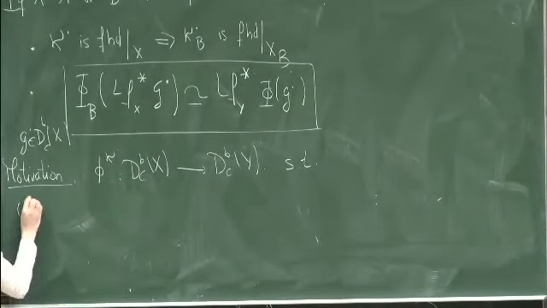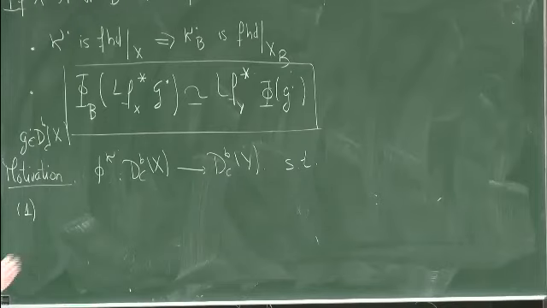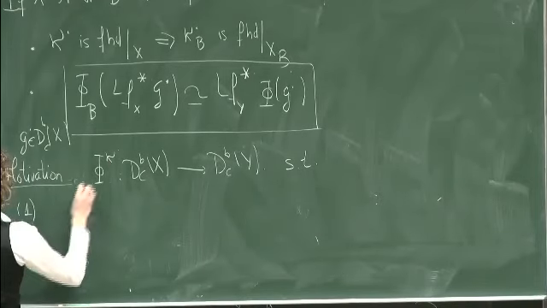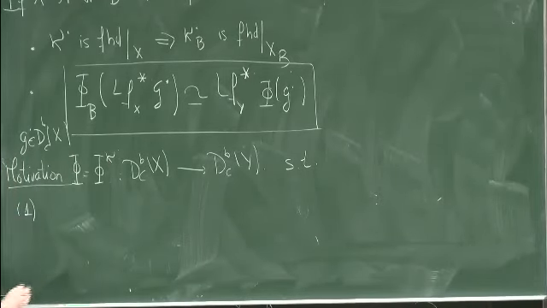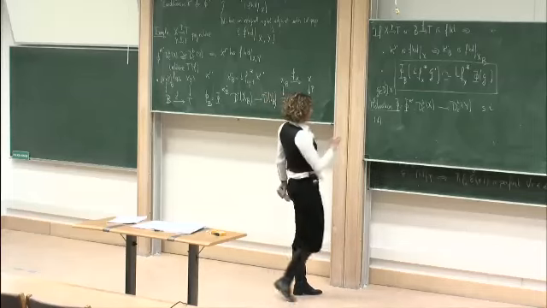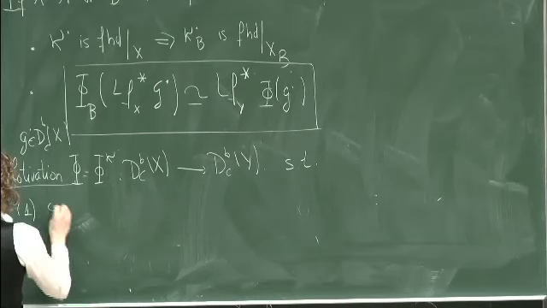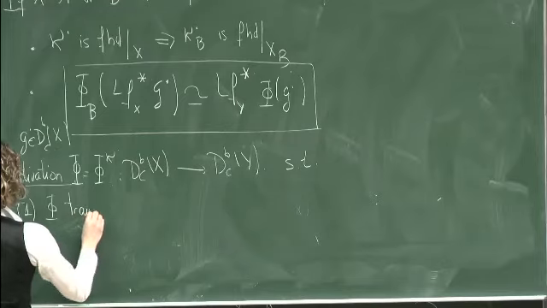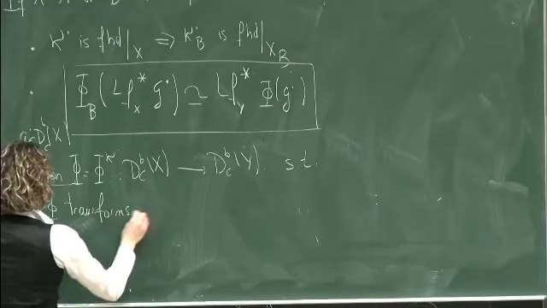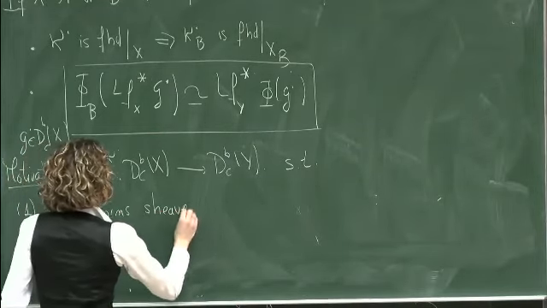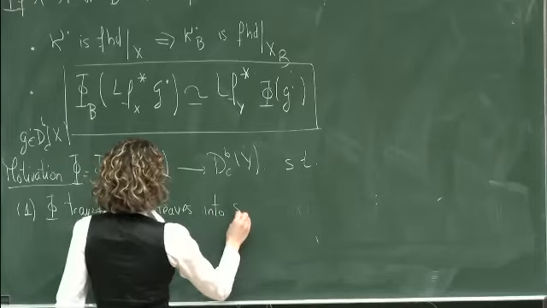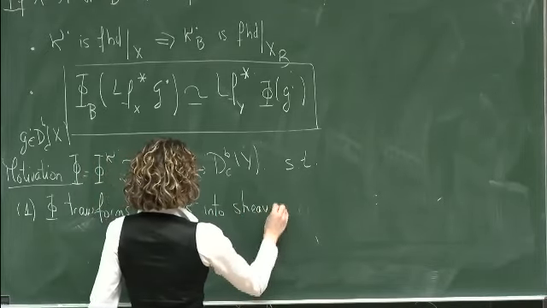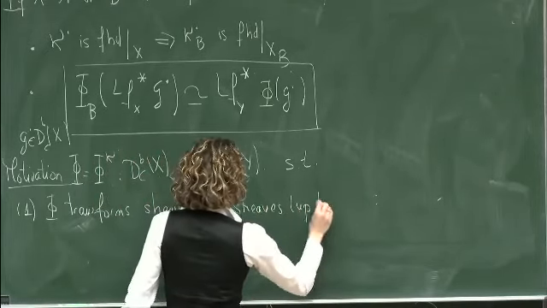The first property is that the integral functor, we just denote it phi, forgetting the kernel. So the first property is that phi transforms sheaves into sheaves up to shift.